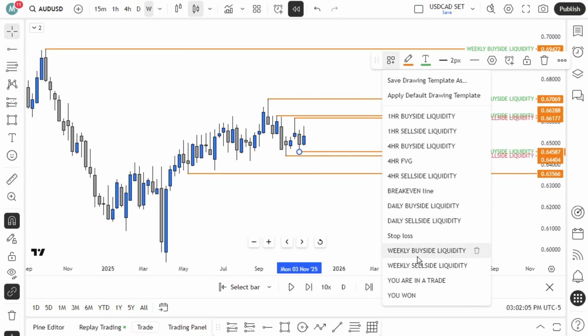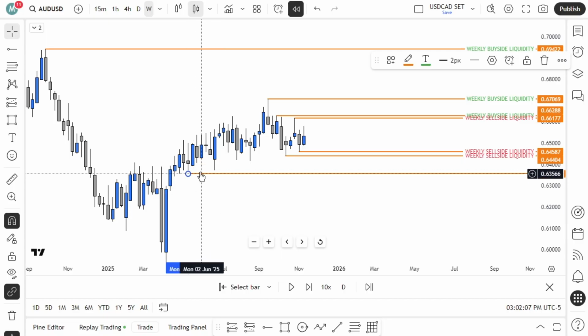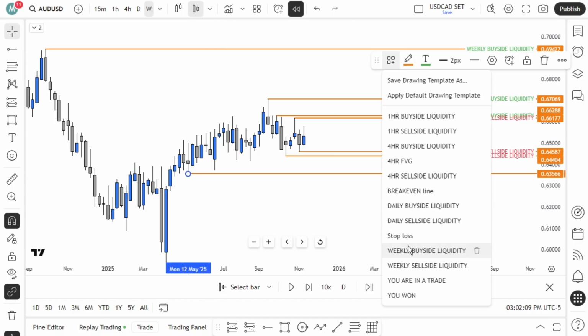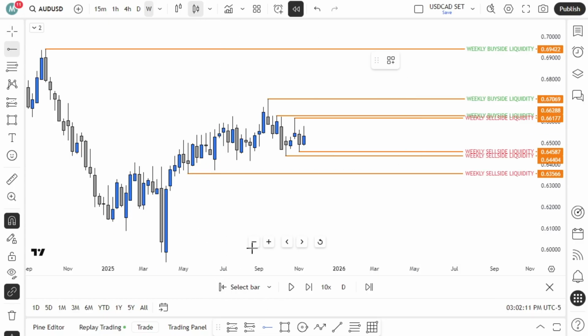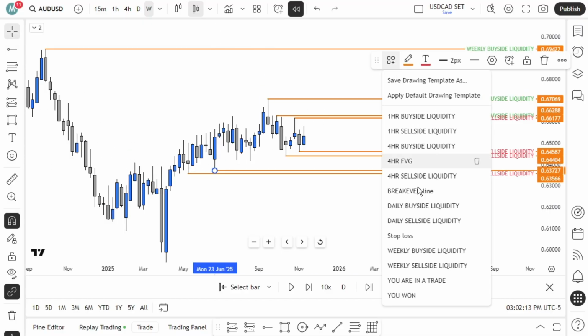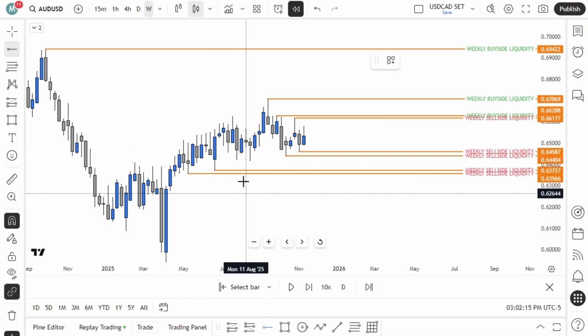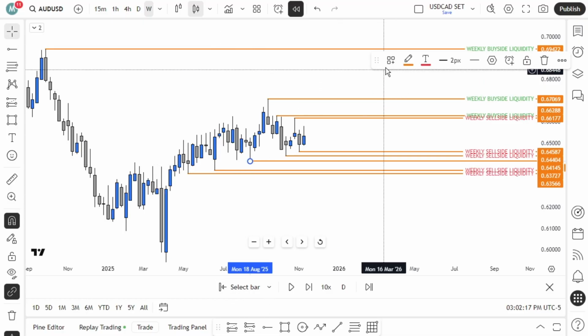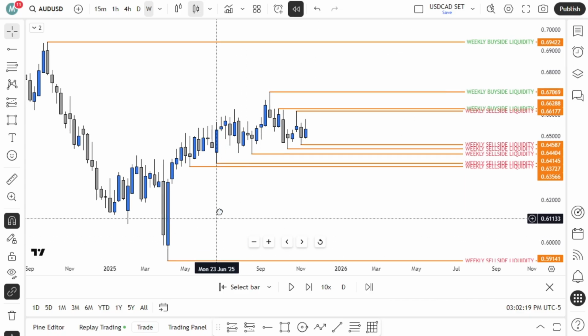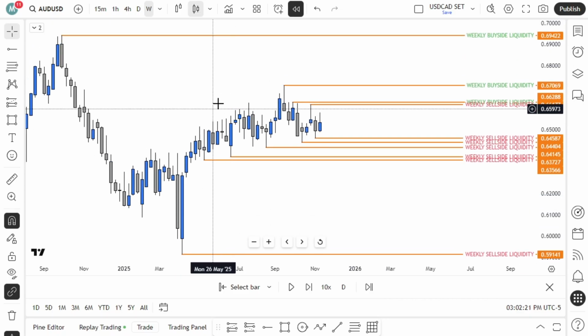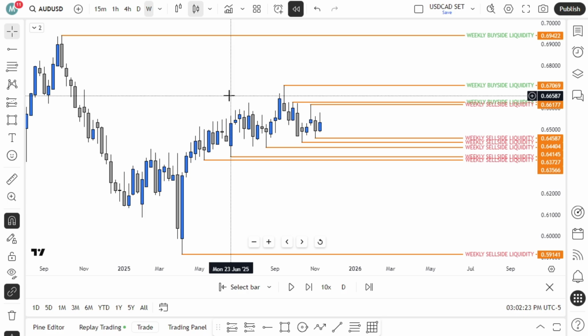Sorry for the mistake, that's weekly sell side. Weekly sell side also here. Weekly sell side. Okay, so it looks like we have all of our necessary weekly buy side and sell side liquidity areas marked.